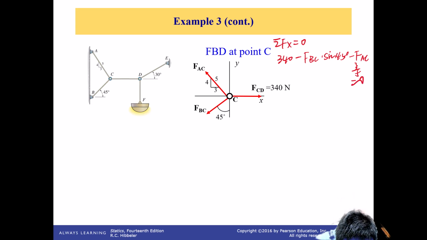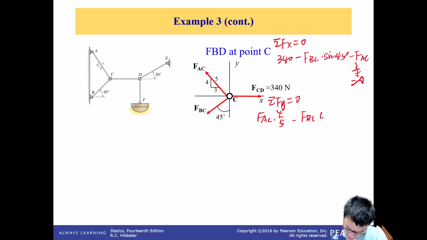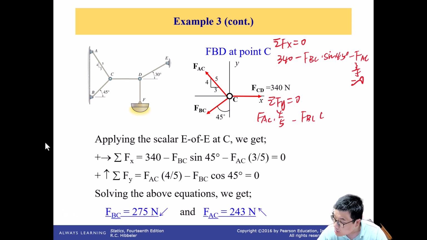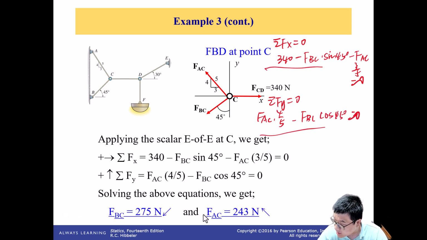And the sum of the Fy also equals 0. It will be FAC times 4/5 minus FBC times cosine 45 equals 0. Okay, you can solve these two equations and you will get the answers, FBC and FAC.